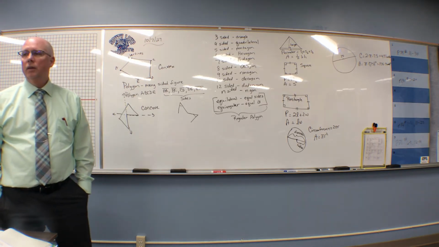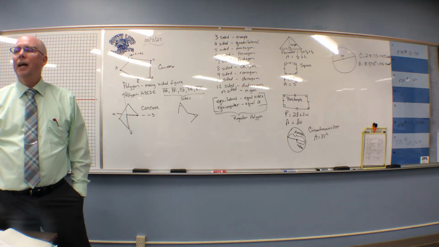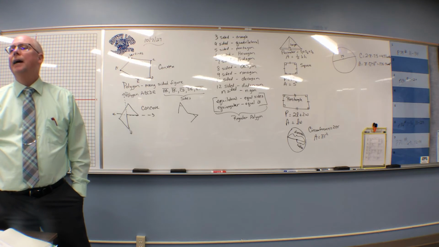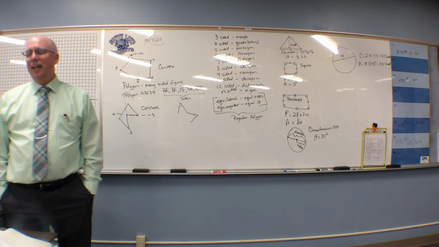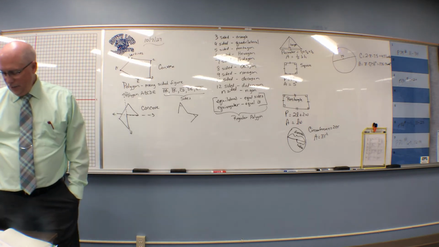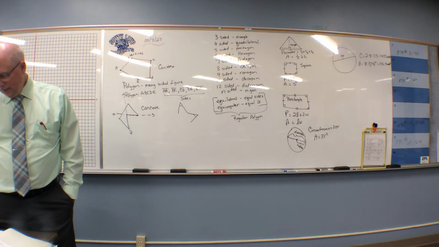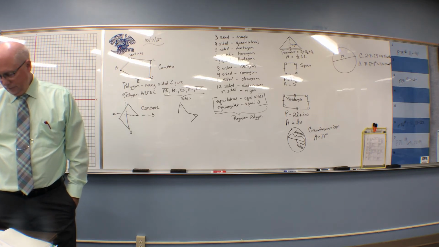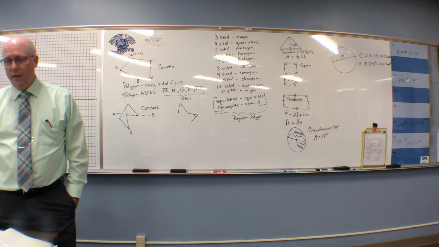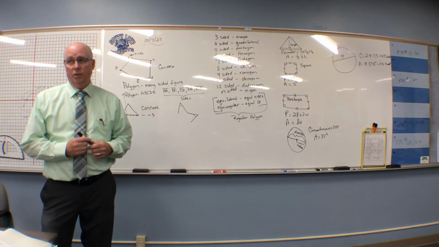It's a heptagon. Say it. Heptagon. Is it concave or convex? It's concave. And is it regular or irregular? Irregular. The sides are all equal, but the angles are not.